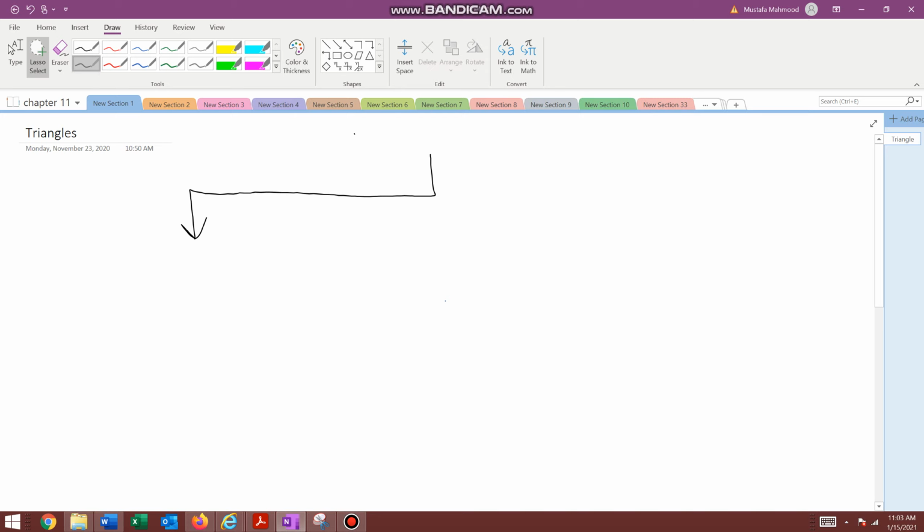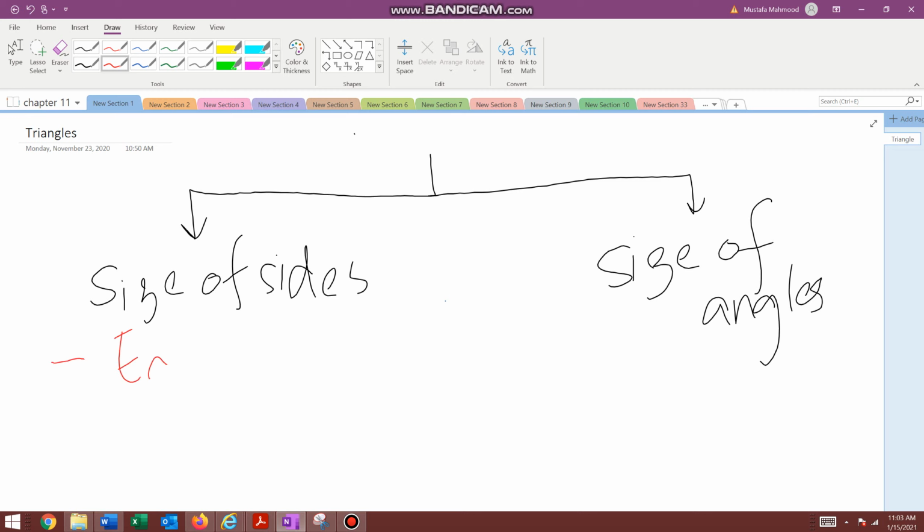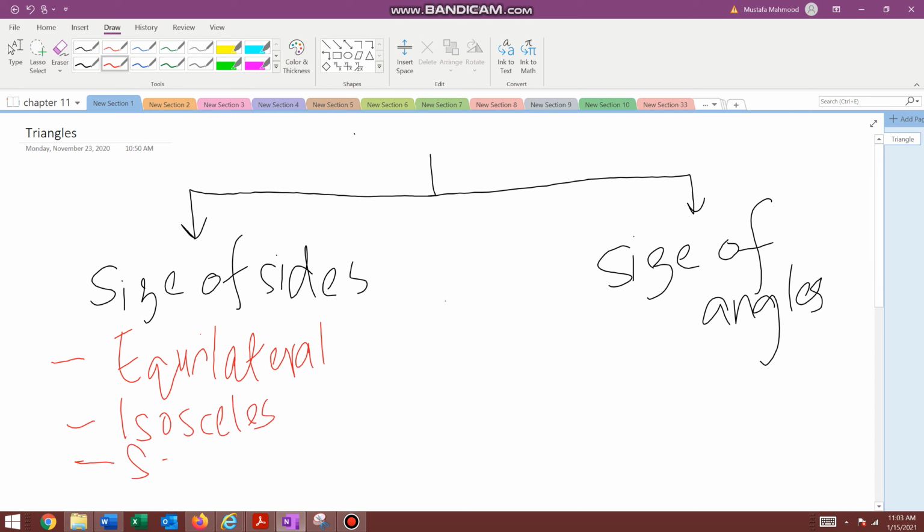size of their sides and size of their angles. Now there are three types of triangles based on their sides: equilateral triangles, isosceles triangle, and scalene triangle.